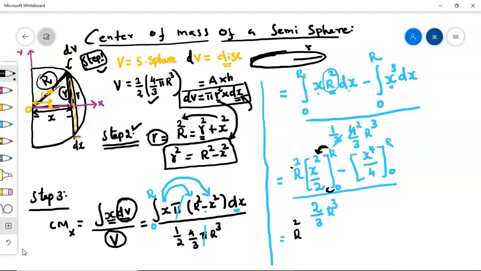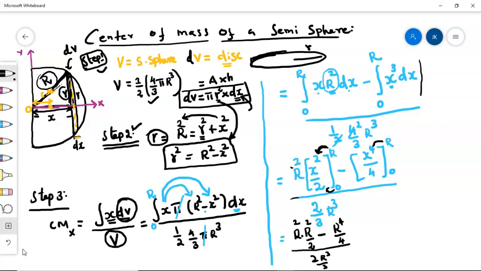So when you substitute this r in x, this will be r square divided by 2. Here is a minus. When you substitute this, it will be r to the power 4 divided by 4, and whole divided by 2r cube divided by 3.